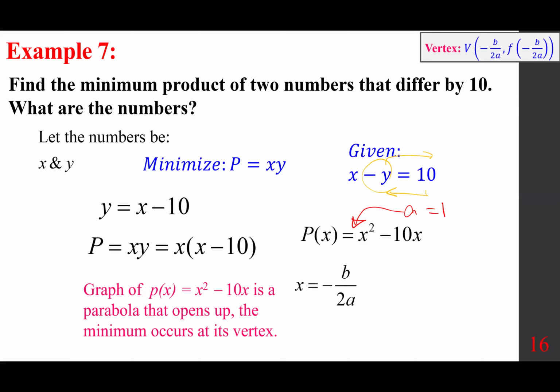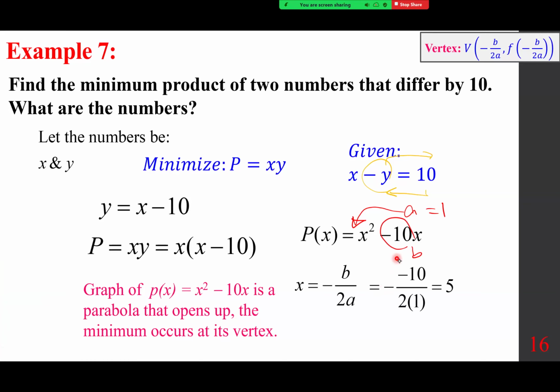So it's pretty straightforward, everybody. Now to evaluate this, we plug in minus b, which is negative 10, over 2 times a, which is 1. And the answer is 5 because negative and negative cancel each other.